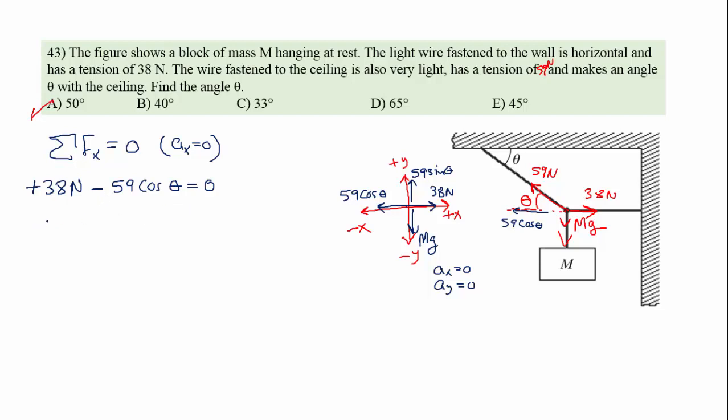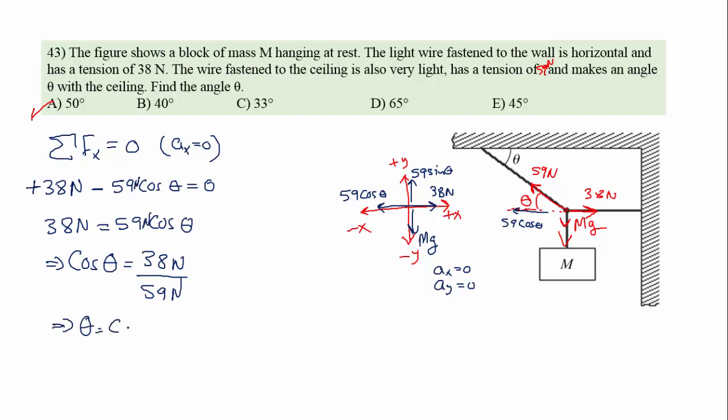So if you move that to the other side here, we have 38 Newton equal to 59 cosine theta, which means that cosine of the angle theta is equal to 38 Newton divided by 59 Newton, which means that the angle is cosine inverse of 38 Newton over 59 Newton.